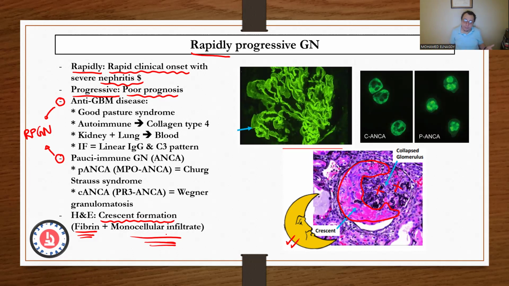Now you start looking at the patient history, because there are two possibilities. That's either anti-GBM disease, anti-glomerular basement membrane disease, or what they call pauci-immune glomerulonephritis, which is ANCA positive autoimmune glomerulonephritis. Why do they call it pauci-immune? Anybody know?